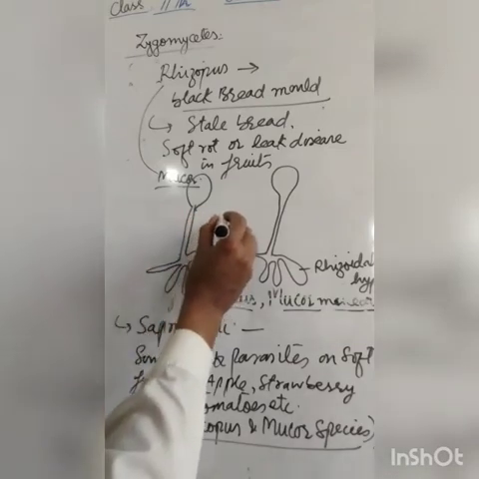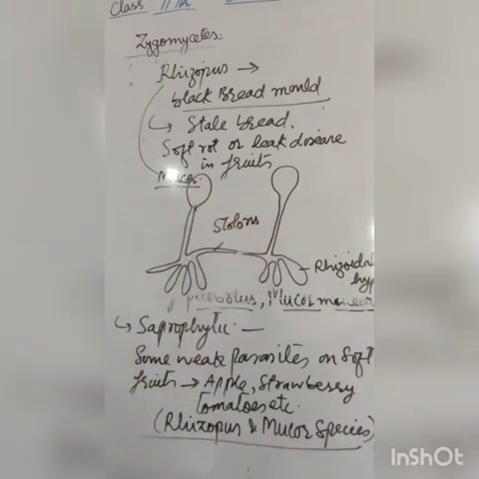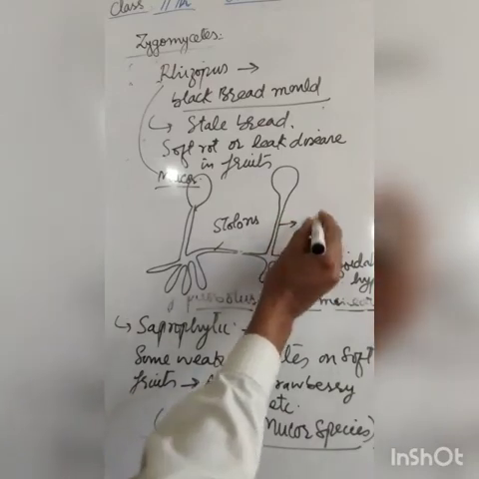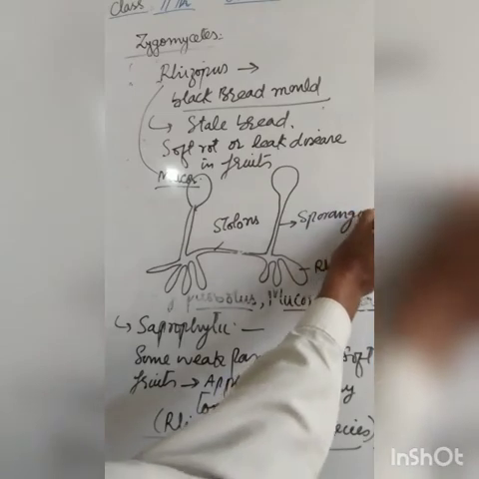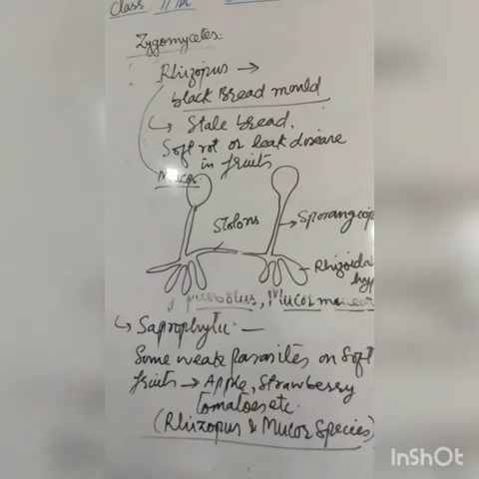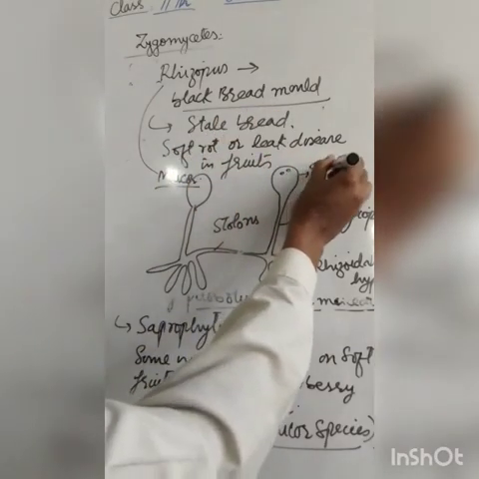This is called stoloniferous hyphae. Then there are erect hyphae, called sporangiophores, and at the tips of sporangiophores occur the sporangia.